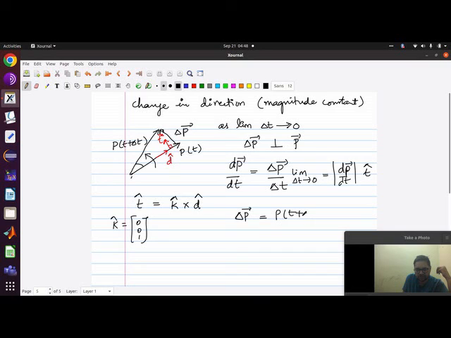Delta P will be simply P of t plus delta t, since now this is considered to be perpendicular to this, sine theta. As delta t tends to 0, this becomes theta. This will be P theta roughly, where P is the length of P.